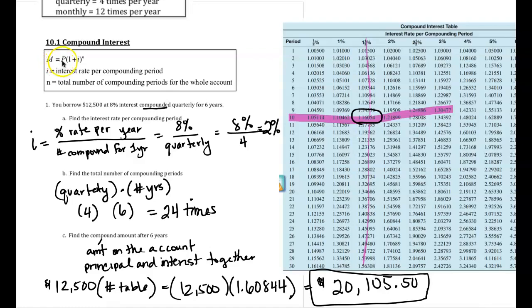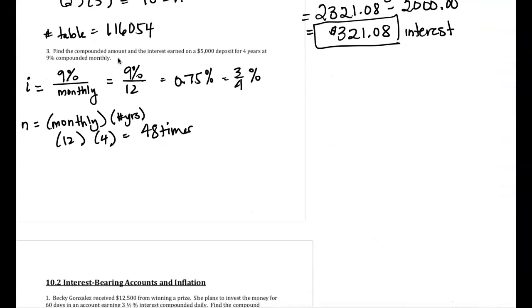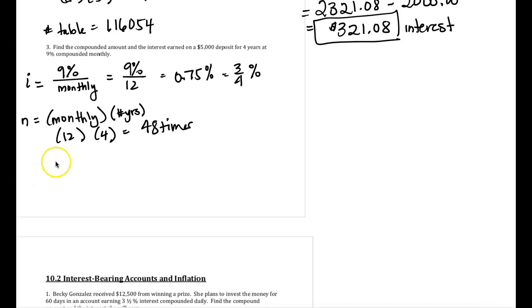M equals P, parenthesis 1 plus I to the n power. And we're going to sub in what we know. Our P for principal was the $5,000 that was invested. 1 plus the I was the 3/4% or 0.75%.